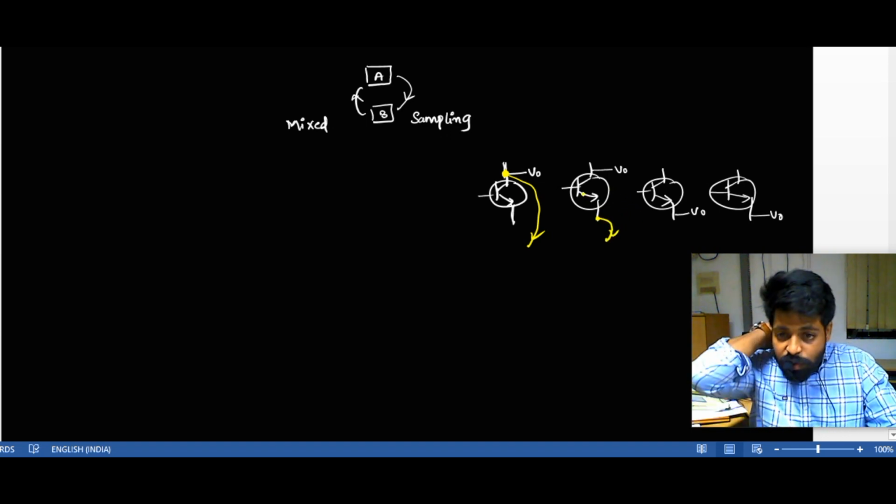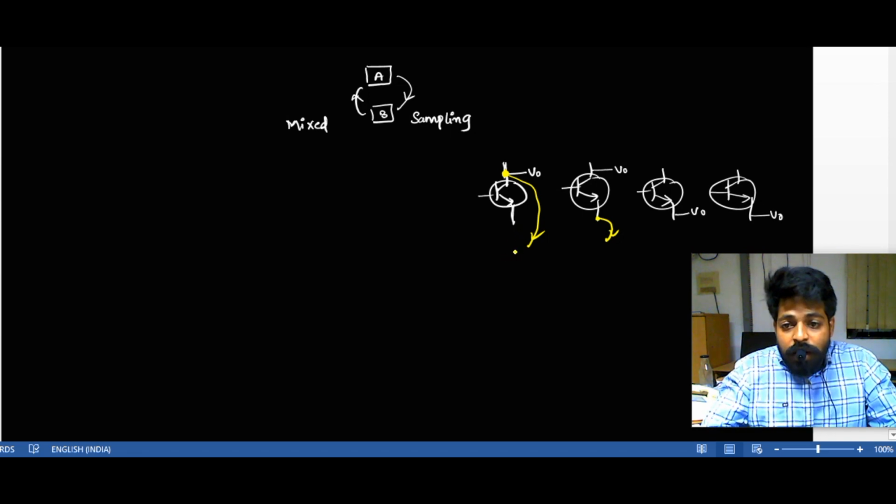If I take a sample from the same voltage node, that is called voltage sampling. And over here it is from the opposite node, so I call it current sampling.